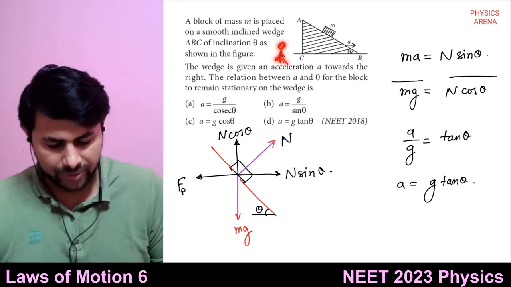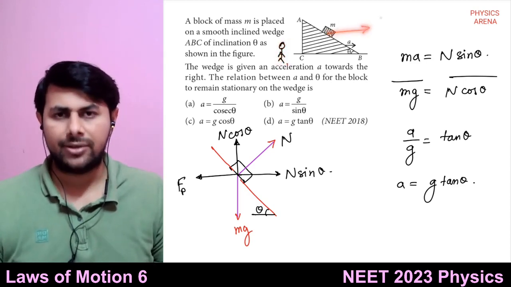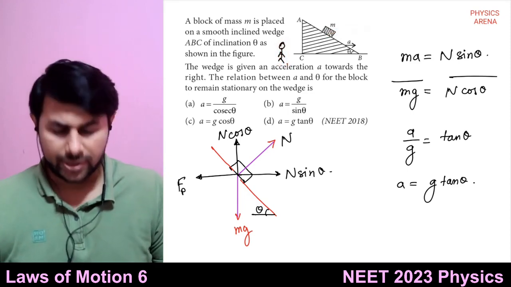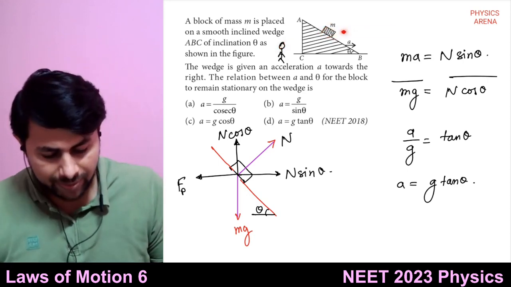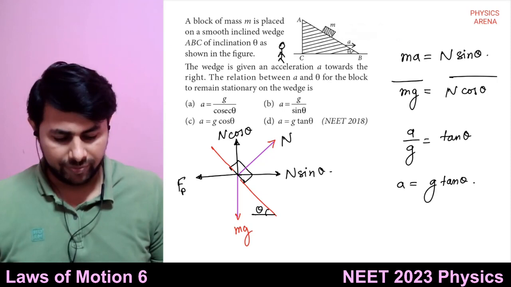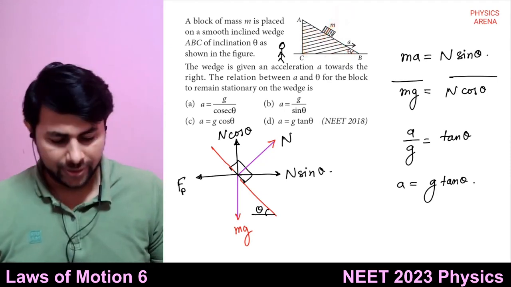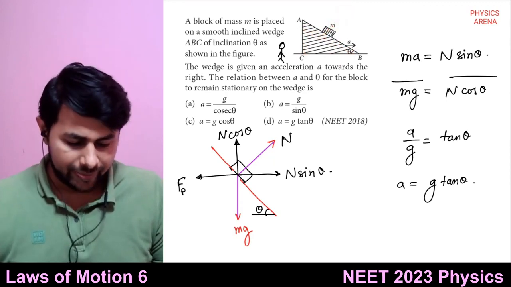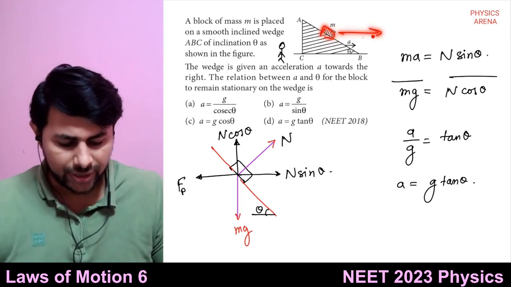So for this observer, what was the horizontal component of normal reaction doing? This observer looks at the block and sees that the block is accelerating because the wedge is in acceleration. It exerts a normal reaction on the block, and the horizontal component of that normal reaction provides acceleration to the block.